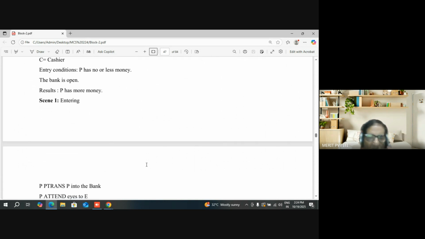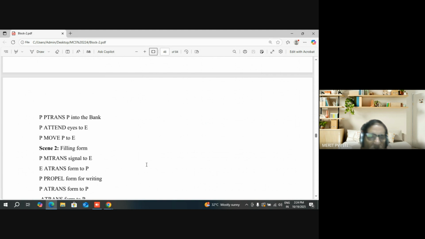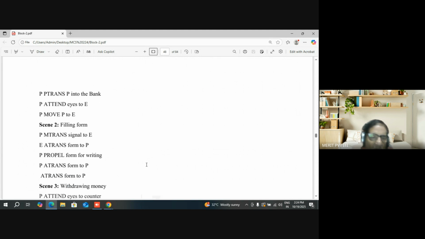P trans P to bank, P attend eyes to E, P move P to E, scene 2, filling form, signal to E, pass form to P, form for writing this and all this.